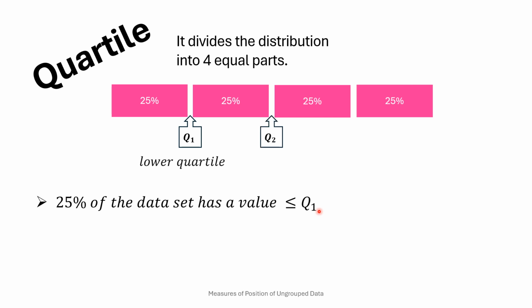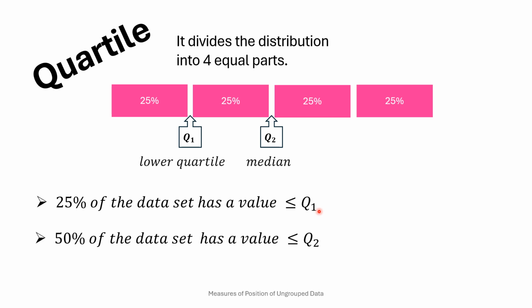Quartile 2, or the second quartile, which is known as the median, means 50% of the data set has a value less than or equal to the median or the quartile 2.